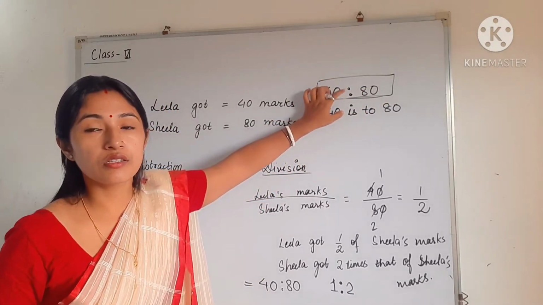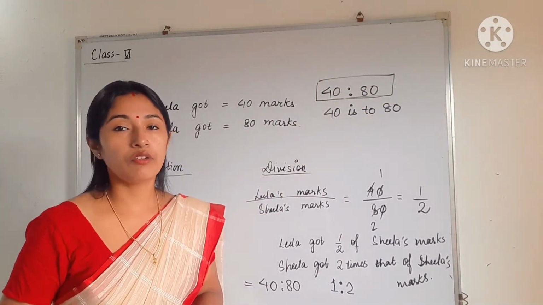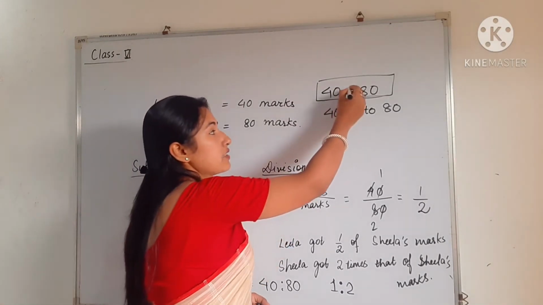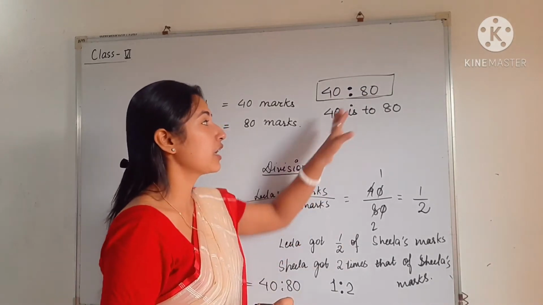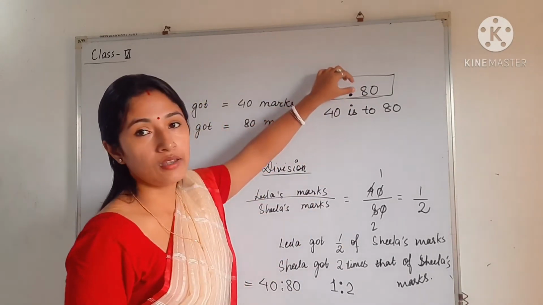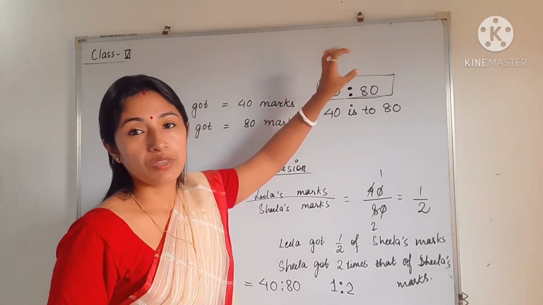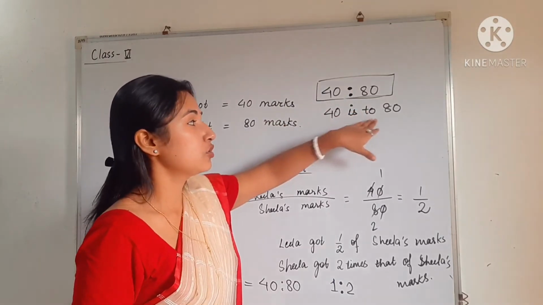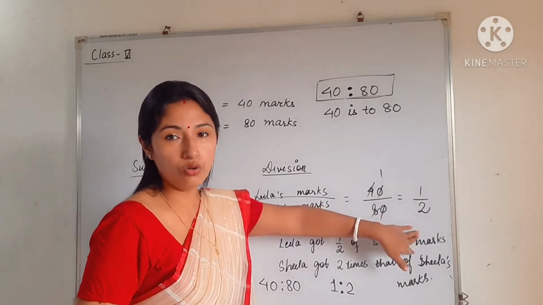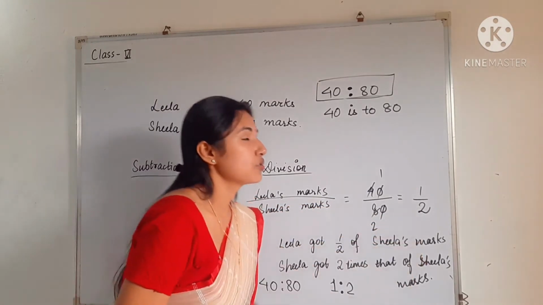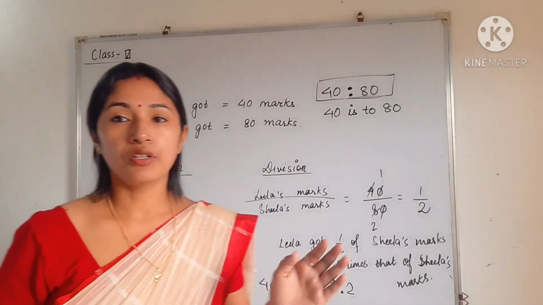Already you know this is the symbol of colon. In mathematics you cannot say colon, you have to say 'is to'. So 40 is to 80, or you can say 1 is to 2. This is called ratio.